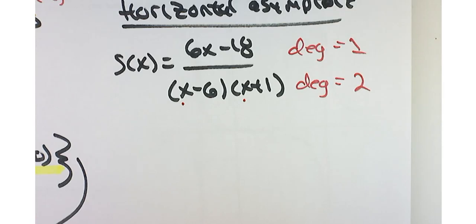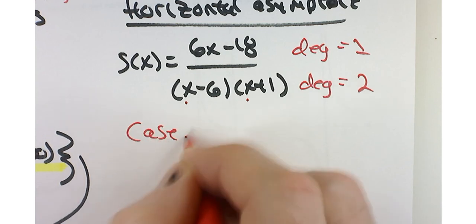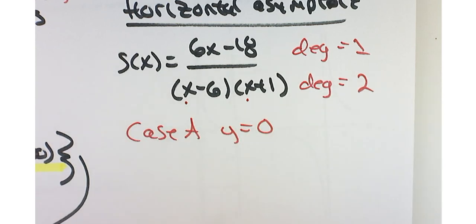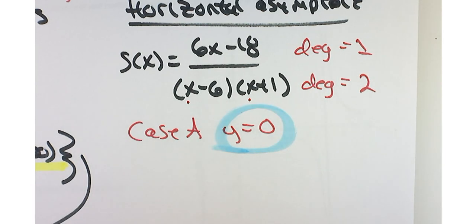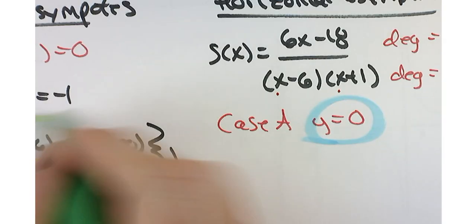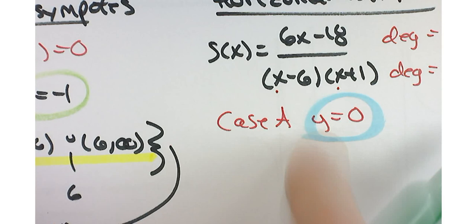Since the degree of the numerator is less than the degree of the denominator, which case is that? Case A, y equals 0. That's going to be your horizontal asymptote. Nice. All right, so we've got a couple vertical asymptotes and a horizontal asymptote.